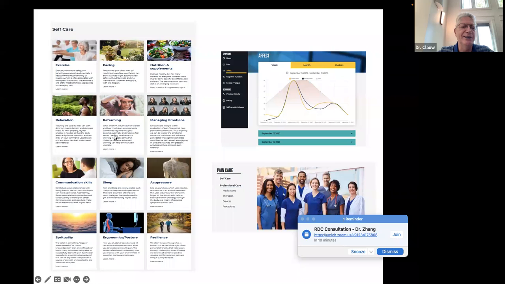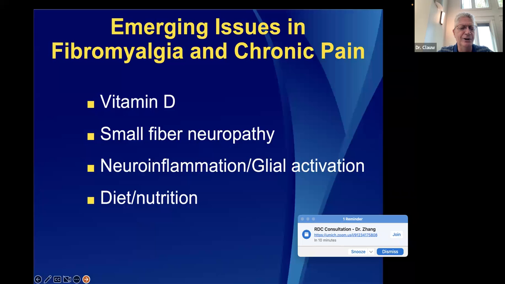It doesn't require them actually going to a provider. They can track their symptoms. We develop these tools in our research group at the University of Michigan and hope people use them because they really can help with what you can do one-on-one working with your clients.